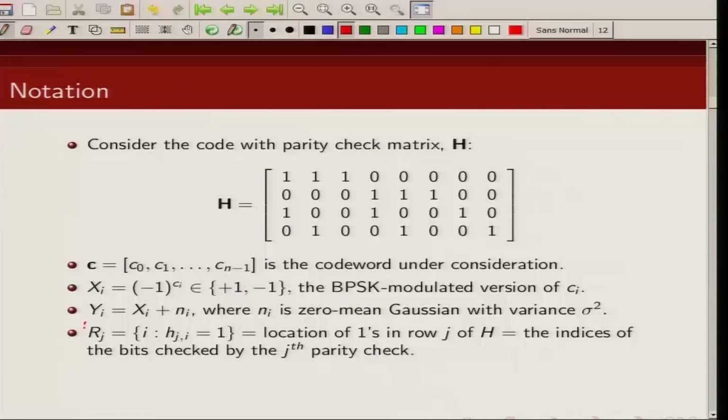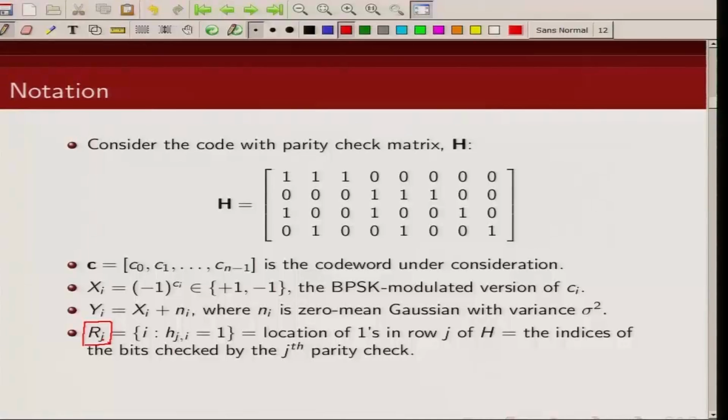We use this notation Rj to denote the location of ones in row j. Now, what does location of ones in the rows of the parity check matrix denote? It denotes the bits that are participating in the parity check equation. So let us take this example.